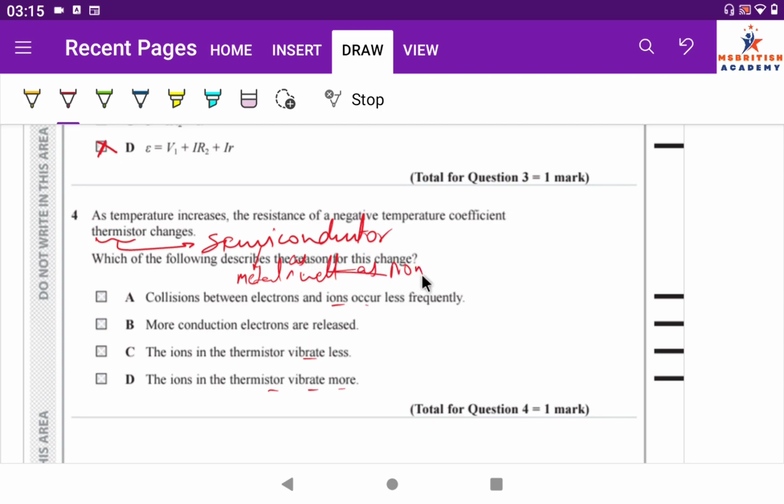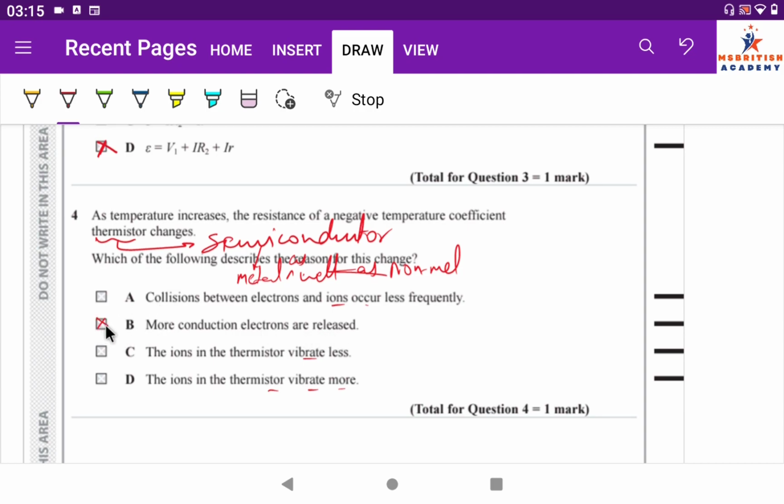So if you increase the temperature of a semiconductor material, the electrons will jump between the energy bands, so you can say more conduction electrons are released.